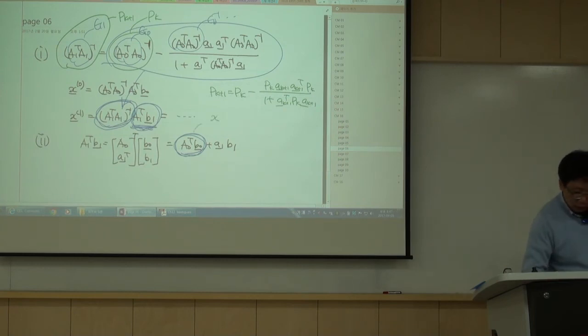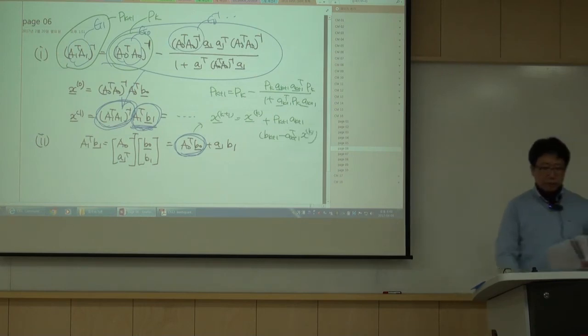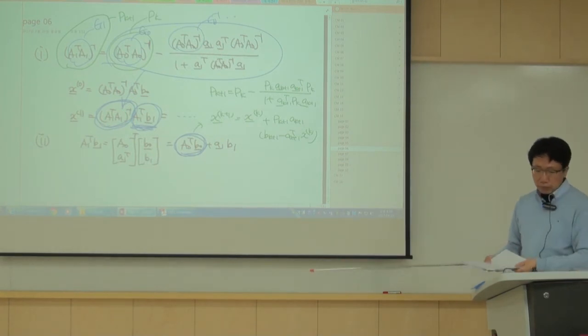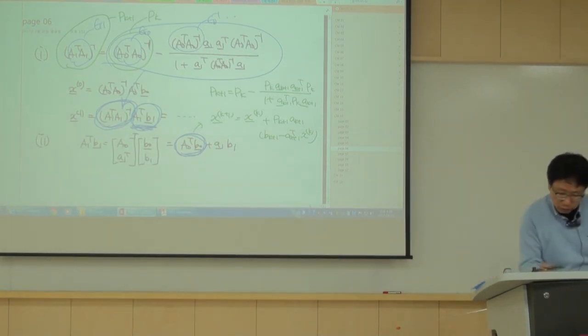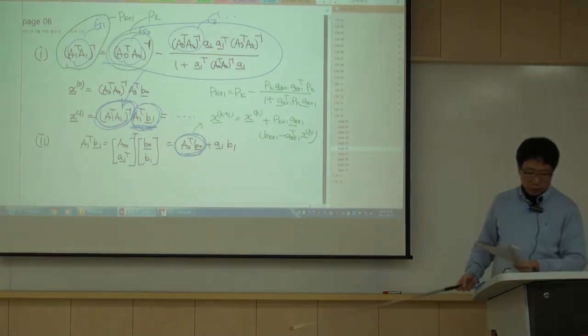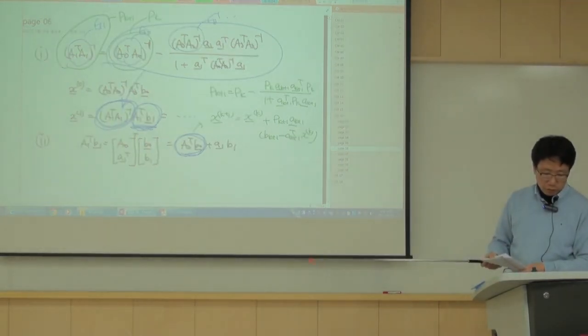And for this one, xk plus 1 equals xk. And after some manipulation, you can show this: Pk plus 1 Ak plus 1 and bk plus 1 minus Ak plus 1 transpose xk. Got it? I believe I'm correct. Yeah, you can do this.